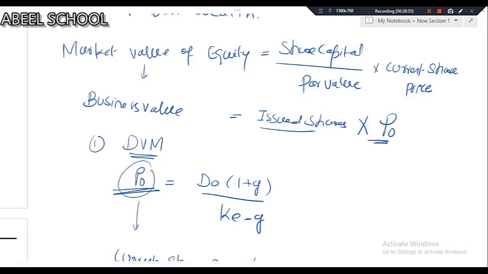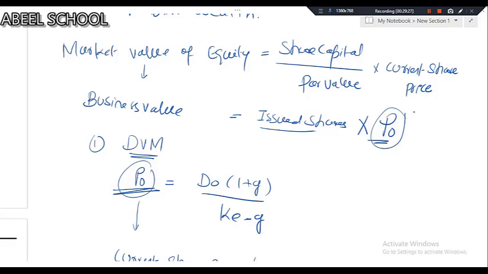For example, if you're reading a question on business valuation, and the first line says A PLC is a listed company, as soon as you have read this line, it should trigger in your mind that in the question you will be having a P naught, because a listed company does have a current share price.